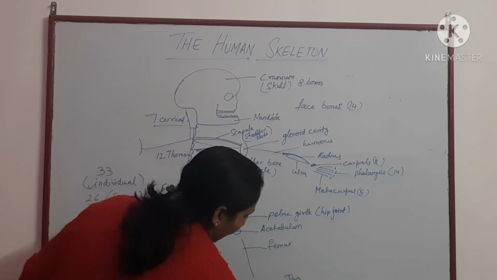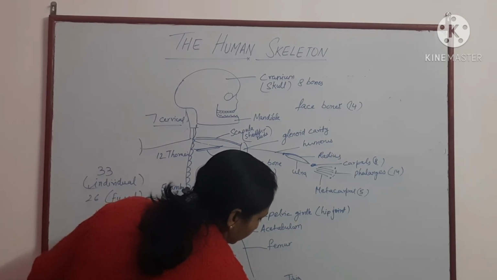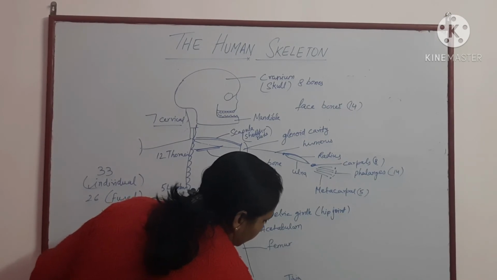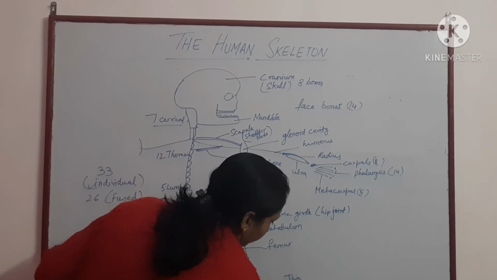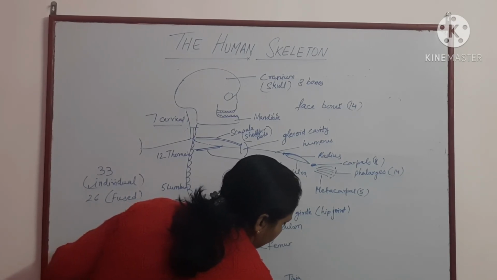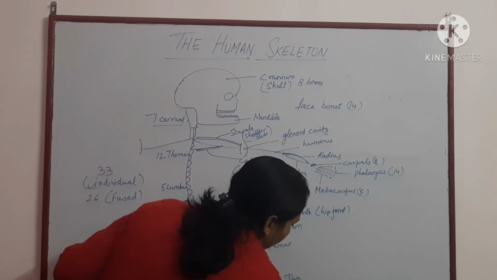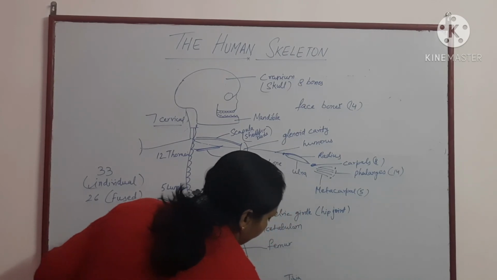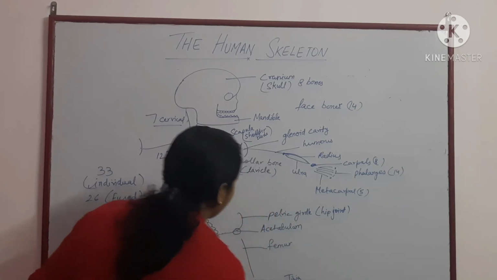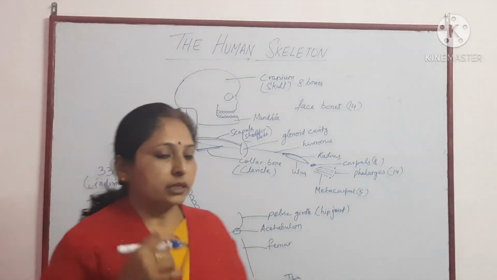Then the ankle is the tarsal. 5 bones here are the metatarsals. And the bones of the toes are the phalanges. Phalanges total 14. Metatarsals total 5. Tarsals 7 in number.